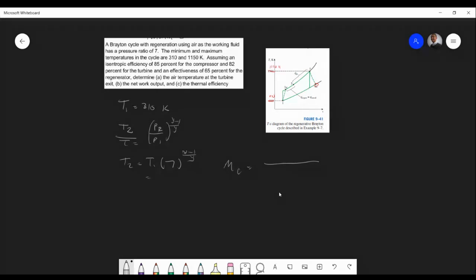T2. What is the formula for this again? You guys remember? Slides. Compressor does more work.